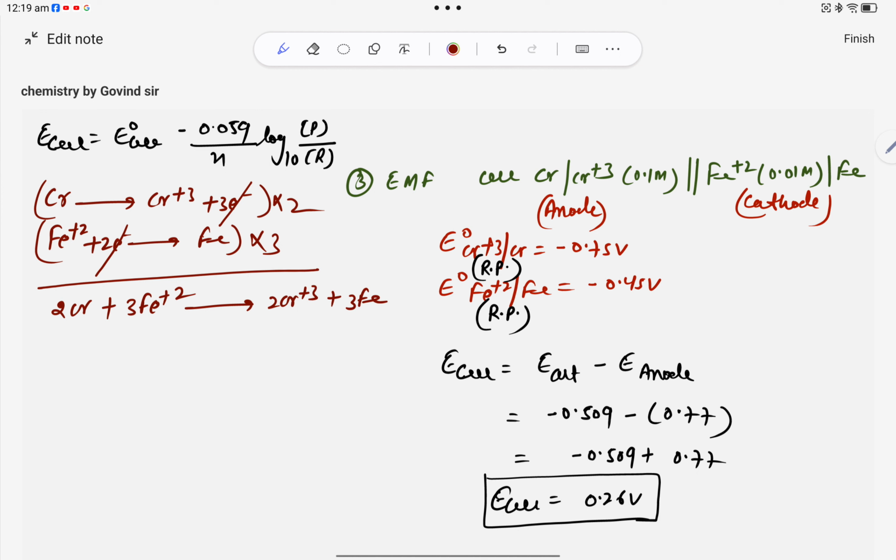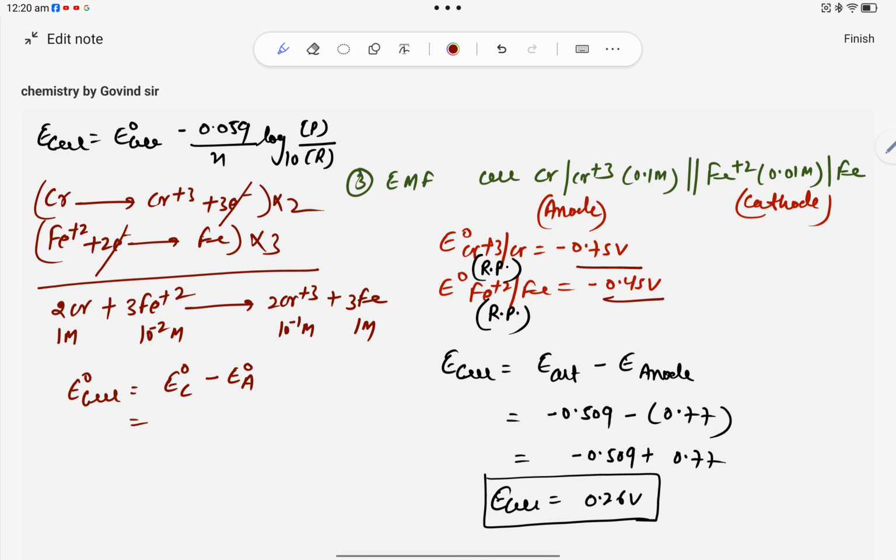Now concentration is given in the question. Solid state 1 molar, here 10 to the power minus 2 molar, here 10 to the power minus 1 molar, and here 1 molar because of solid state. Then you have to find out E naught of cell is equal to E of cathode minus E of anode. So put the value.